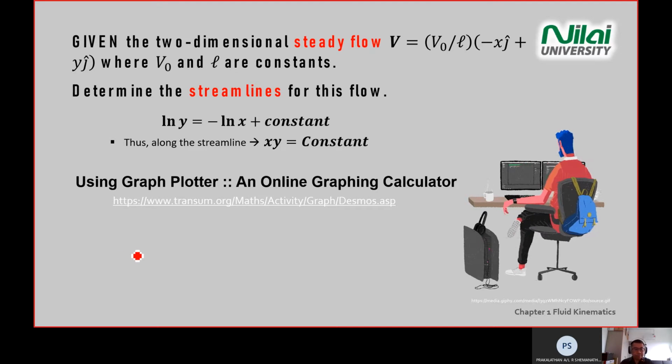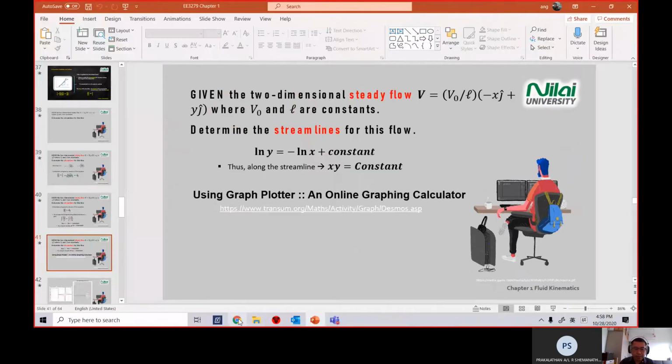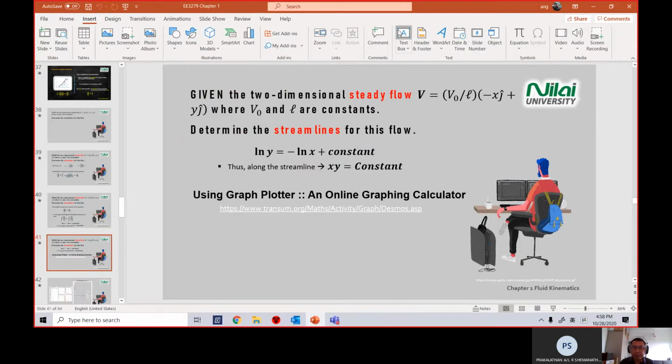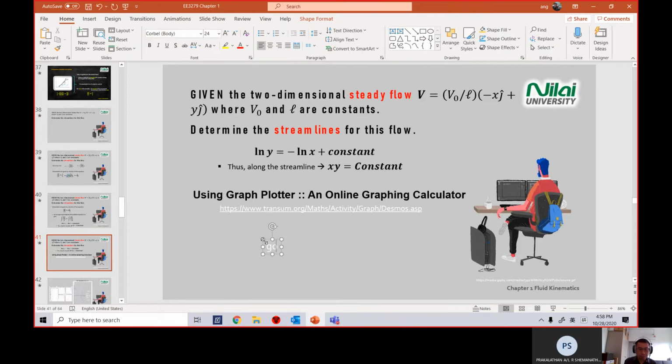So what you do is you go to Google, and then you search for curve plotter. Click the first one.